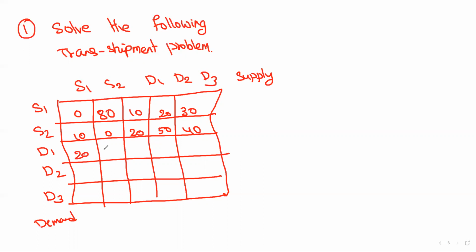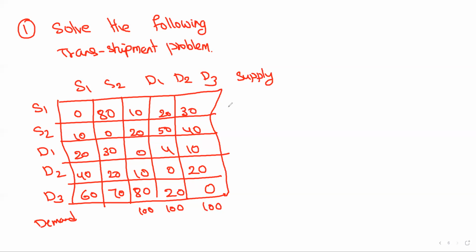Next: 20, 13, 0, 4, 10. Then: 40, 20, 10, 0, 20. Then: 60, 70, 18, 20, 0. D1 we have 100, D2 100, D3 also 100. And supply here we have 100 and here 100. That's all. Now we have to solve it.